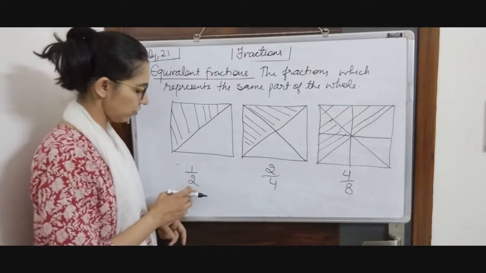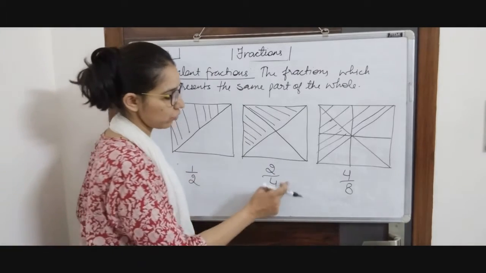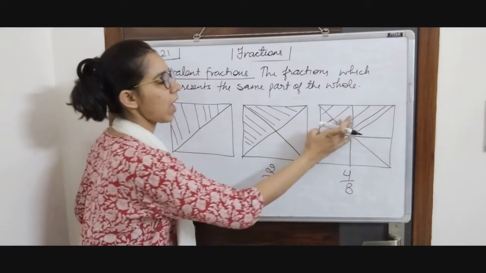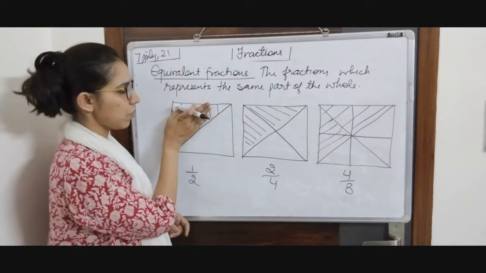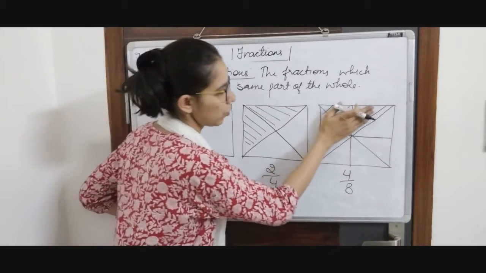Now the fractions are different. This is 1 by 2, this is 2 by 4, this is 4 by 8. But they are representing the same part of the whole. Okay, in this fraction also this part is covered, this part is covered, this part is covered.